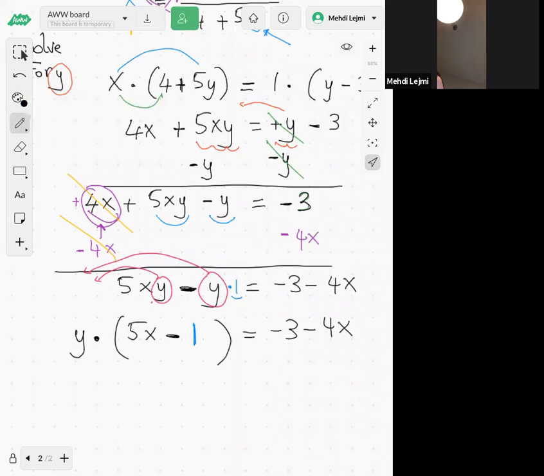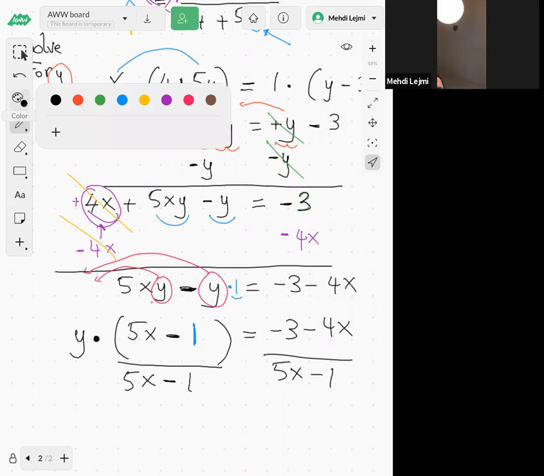And now, because here it's multiplication, the opposite operation would be division. So we have to divide, because I want to solve for y, by this 5x minus 1, both sides. And so then, as you can see, this one here cancels out.